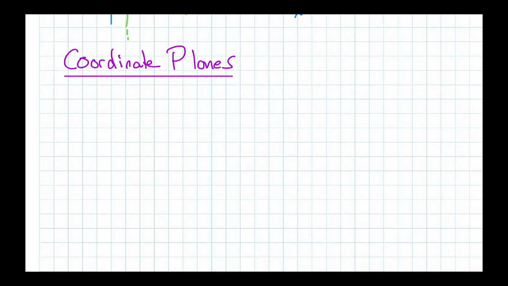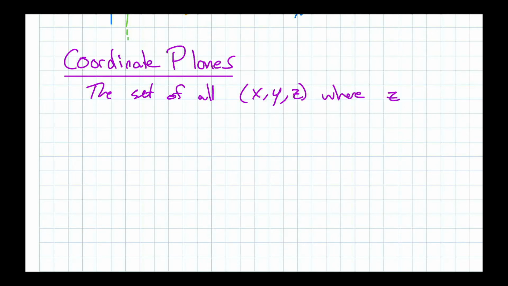So the set of all x, y, z, where actually z is 0, is called the xy plane. Right? I mean, that's just the name.